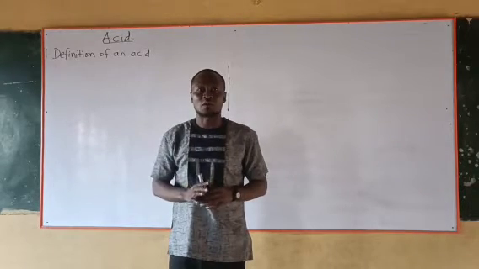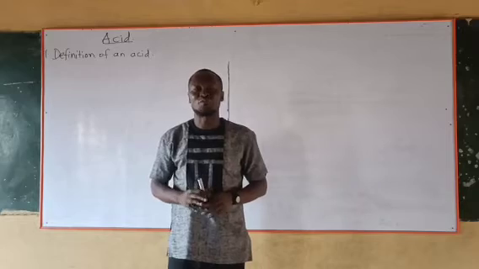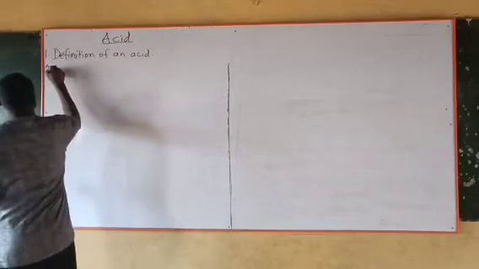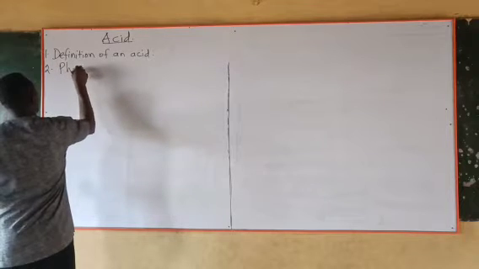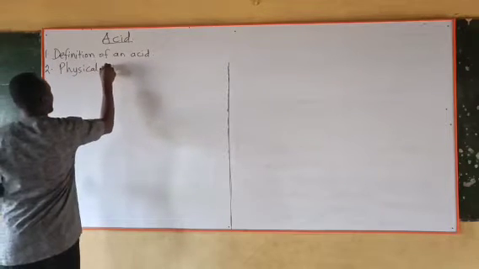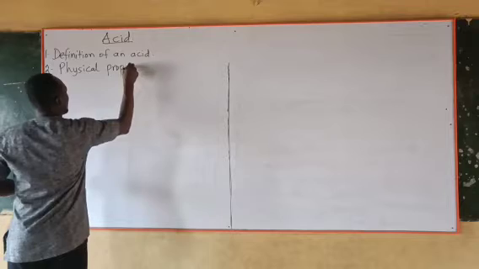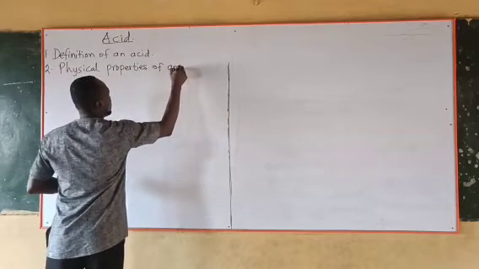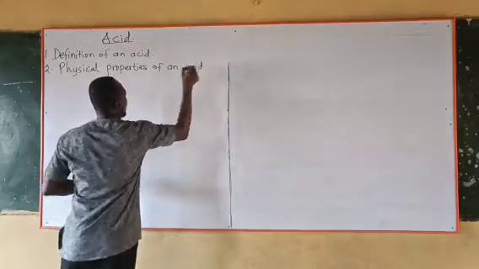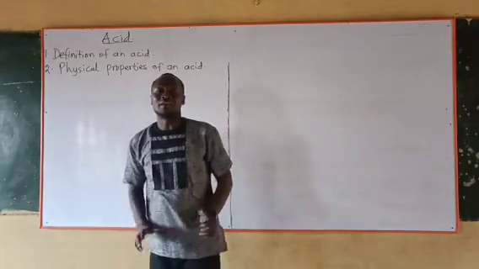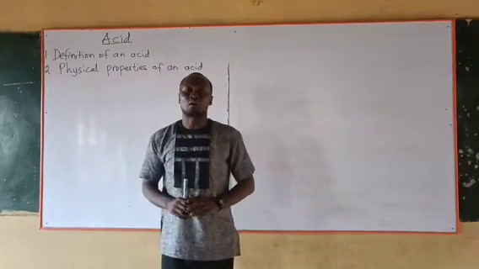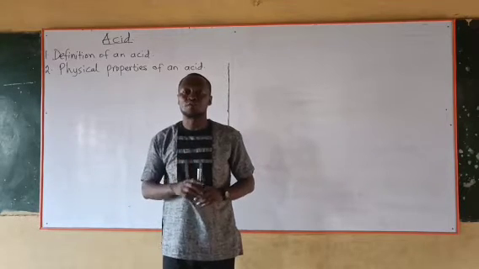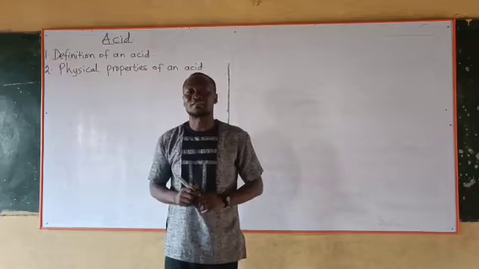In fact, we'll talk about 3 physical properties of an acid. And then lastly, we will also talk about the sources of an acid, the 2 main sources of an acid.